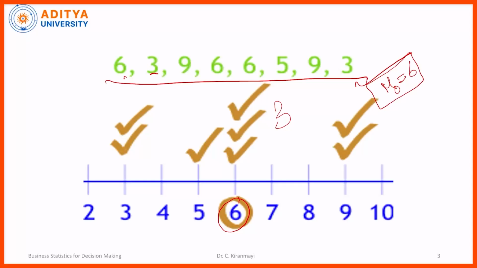Coming to the interpretation of the value of mode, mode 6 means it is the value which has been repeated the most number of times when compared with the other values. If we consider different areas where mode is applicable, for example, if a business organization wants to understand the consumer preferences for a particular brand, the firm can observe which brand has been repeated the maximum number of times, based on the value given by mode.